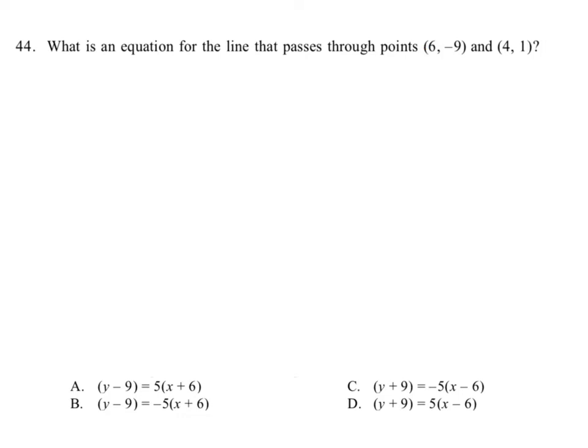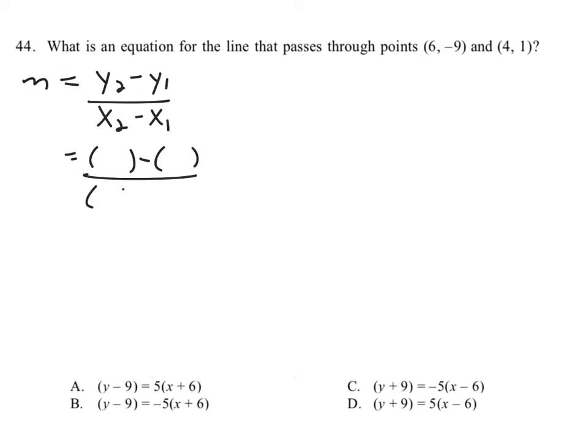First thing we need to do is find the slope though. So we say m equals y2 minus y1 over x2 minus x1, and that is what minus what over what minus what. So let's mark the point.